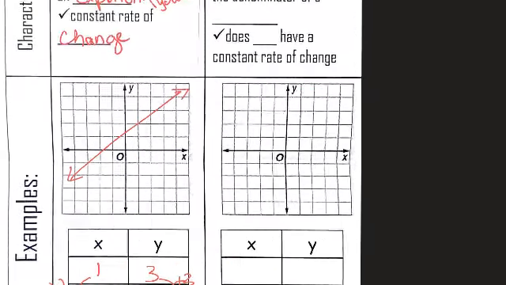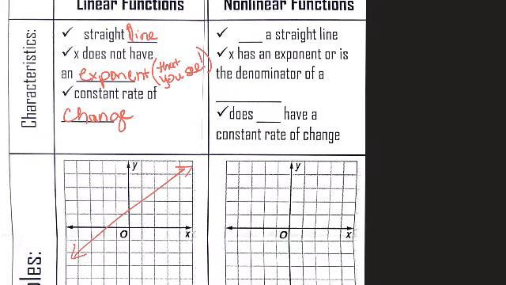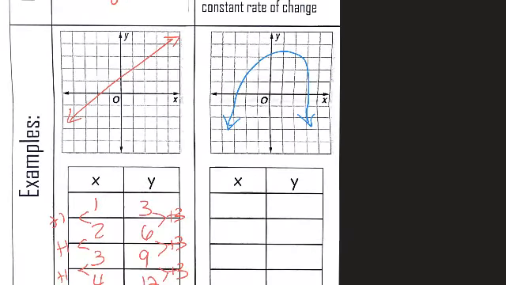All right, how about the nonlinear side? The nonlinear side, the graph is not a straight line, so like a U shape. Or it has an exponent of like 2 or 3, or x is in the denominator of a fraction. And it does not have a constant rate of change.